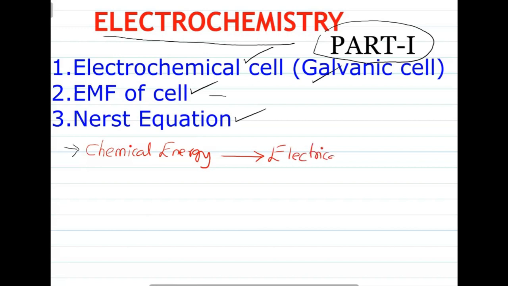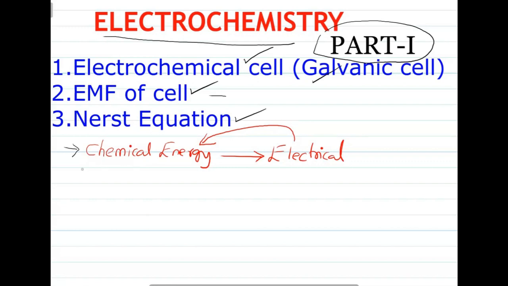This is called an electrochemical cell. So chemical energy is converted to electrical energy. In reverse, if you use electrical energy to perform a chemical reaction, then it is called an electrolytic cell, which will be discussed in the next part of our electrochemistry.